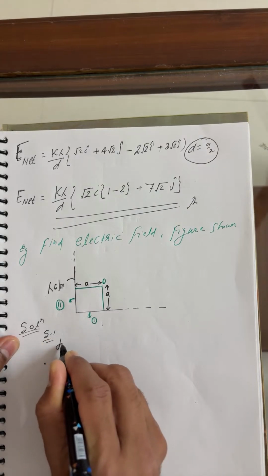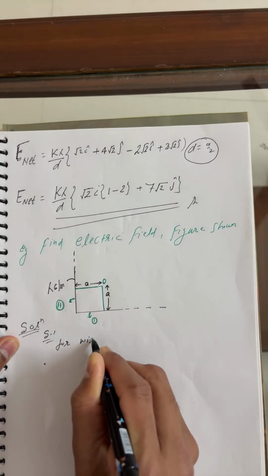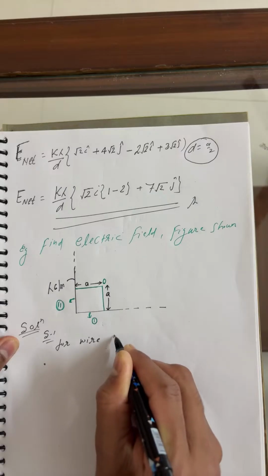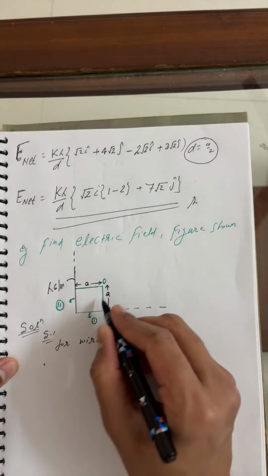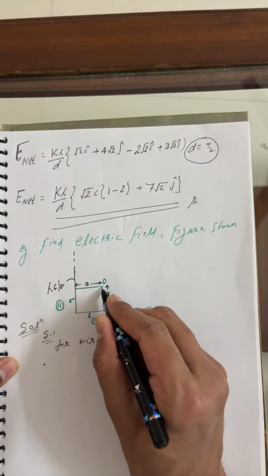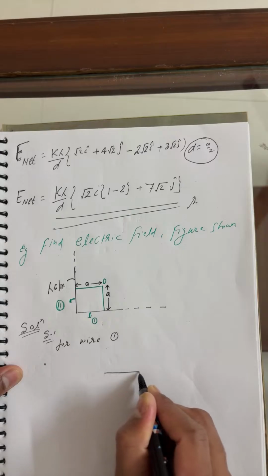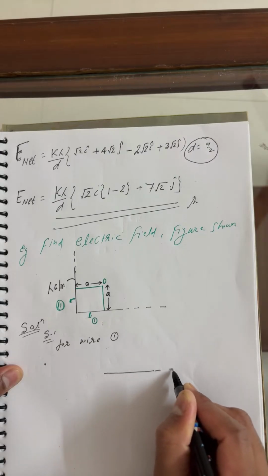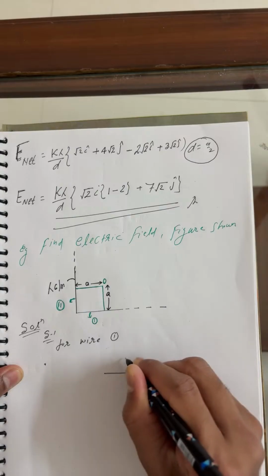This is for wire one. This is A, so this is D. This diagram will help you. This is infinite, and this is point O.